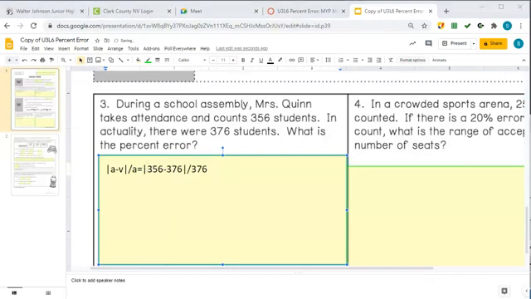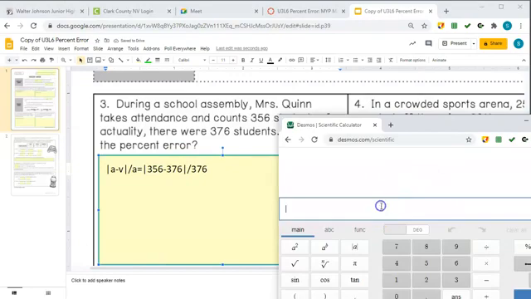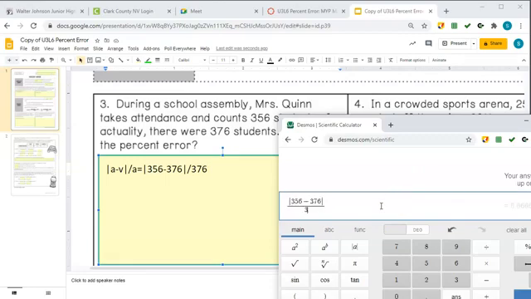I've got the absolute value of 356 minus 376, divided by 376, the actual.